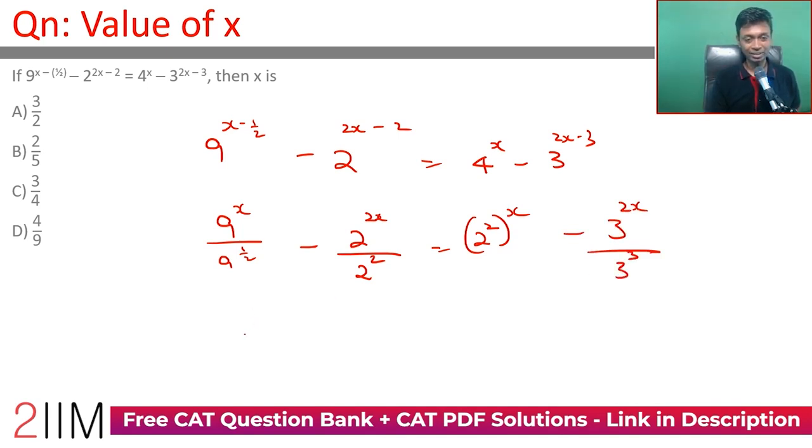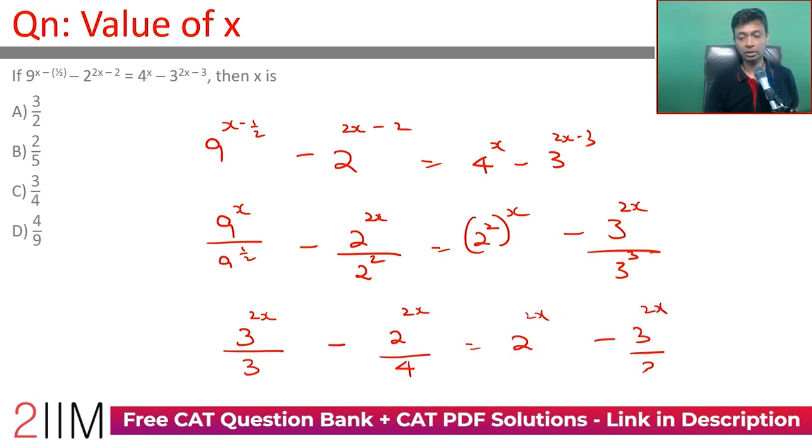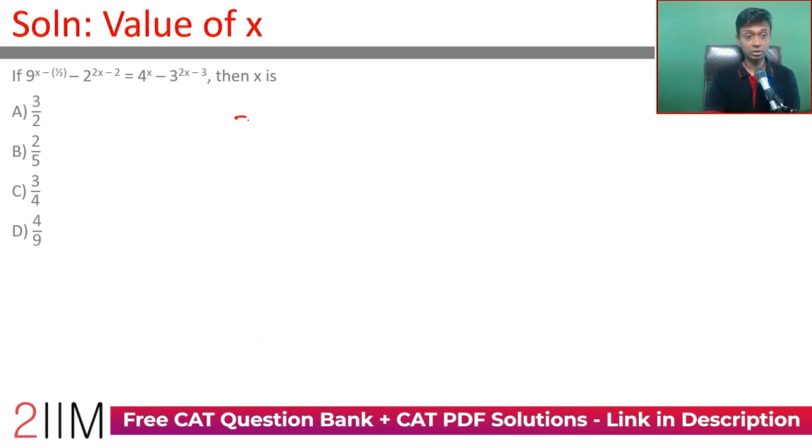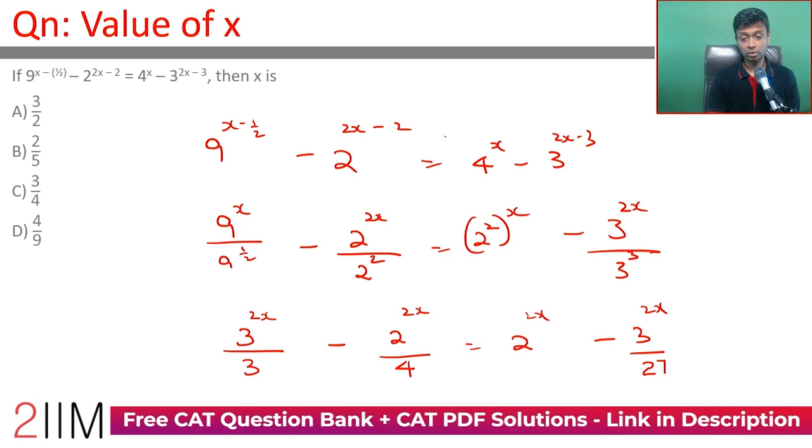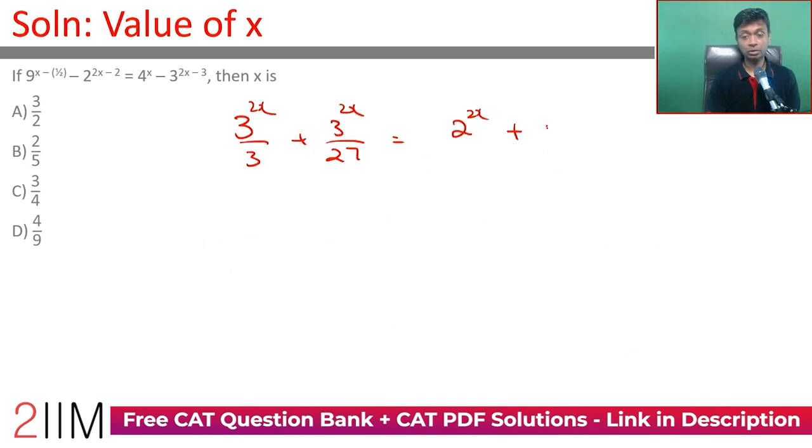And so 9 power x by 3, which is 3 power 2x by 3, minus 2 power 2x by 4 equals 2 power 2x minus 3 power 2x by 27. I'm going to bring the 3 powers to one side, 2 powers to one side, see where that takes us. So 3 power 2x by 3 plus 3 power 2x by 27 equals 2 power 2x plus 2 power 2x by 4.